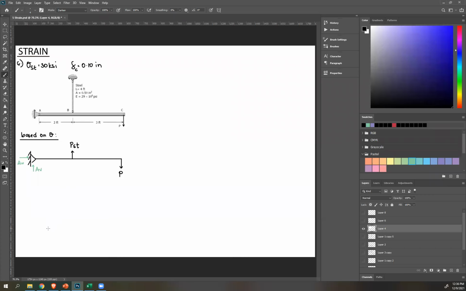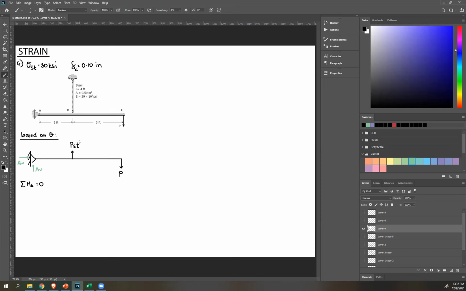So I'm going to use moment, specifically moment about your support, A. So summation of moment at A is 0, because usually we only take moment at these supports. So the only support here is A. And also, because I can remove these reactions then, I don't want to solve for these reactions, so I'll just take moment at that point.